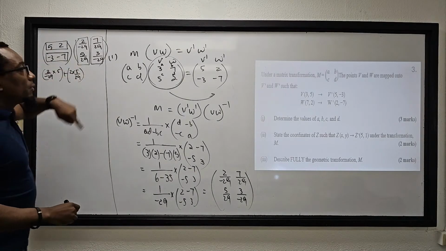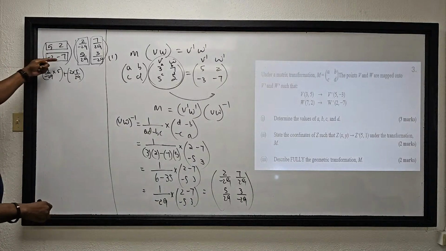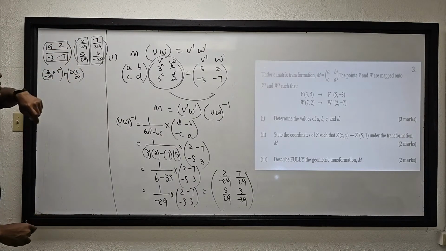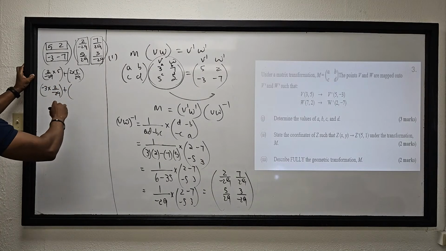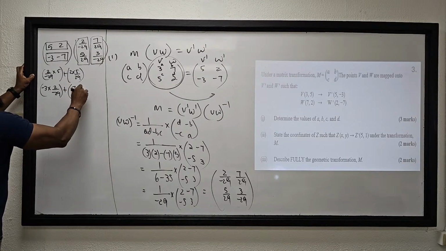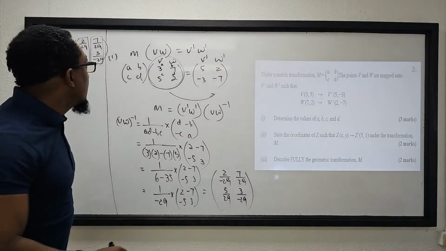So that's my first row, first column dealt with. Then second row by my first column: negative 3 by 2 all over negative 29 plus negative 7 by 5 all over 29. That's my first column dealt with.